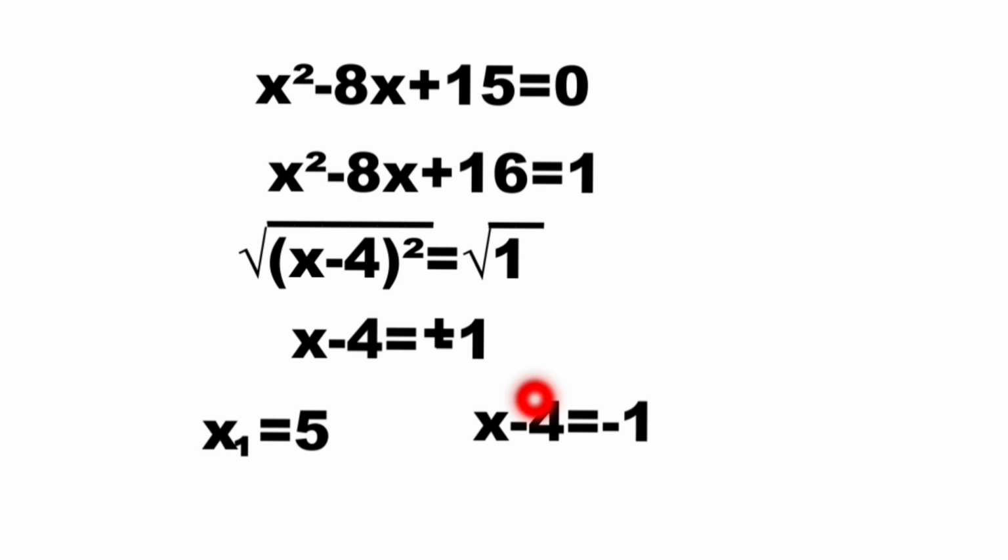For the other one, let's transpose the minus 4 to the other side, so it becomes plus. So x equals negative 1 plus 4, and negative 1 plus 4 is 3, so our second value of x is 3. That's how we solve the values of x using completing the squares.